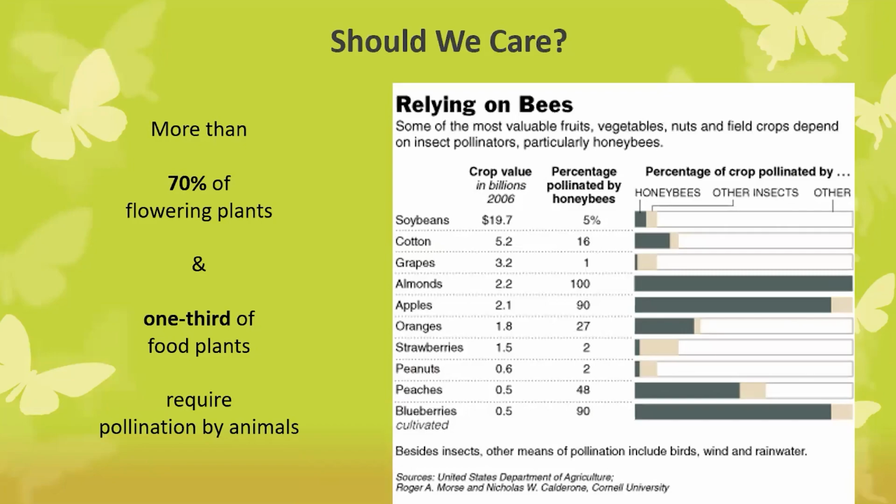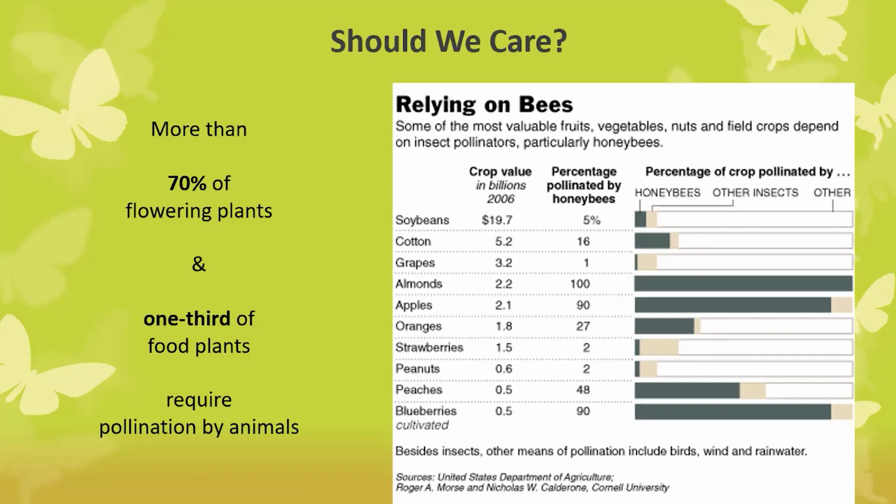Although wind and rain can pollinate some plants, more than 70% of flowering plants and 1/3 of the food plants require pollination by animals, because their pollen is simply too heavy to be carried by wind or rain.